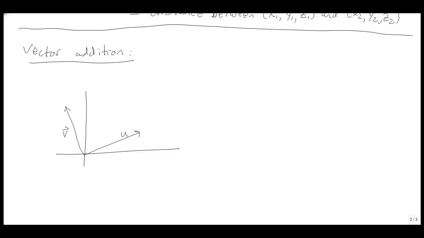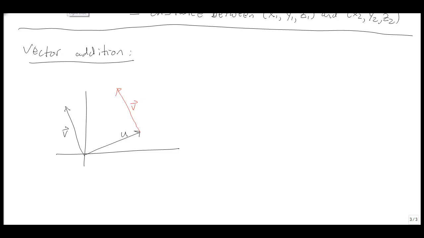If I want to do u plus v, I take v and I just copy it over here. Again, the location of the vector doesn't matter as long as I have the same direction and magnitude. So that's v as well.